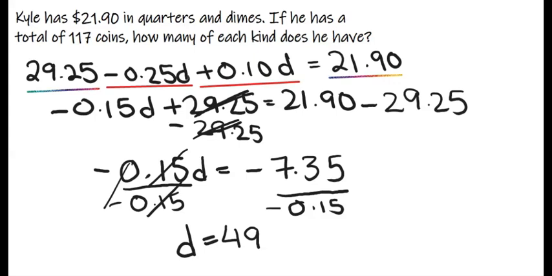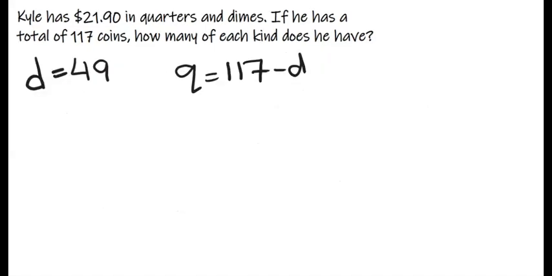Now we have to figure out the number of quarters he has. Now remember the equation we made at first, and that equation was Q is equal to 117 minus D. All we do is plug in 49 for D. So we have Q is equal to 117 minus 49.